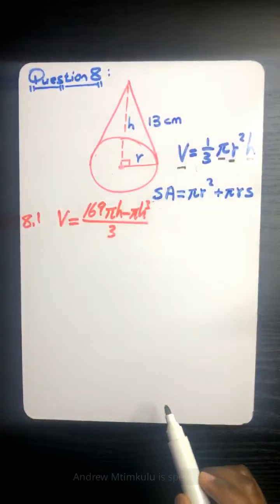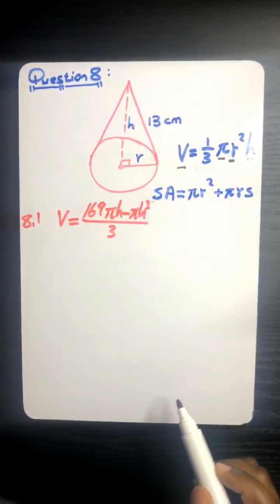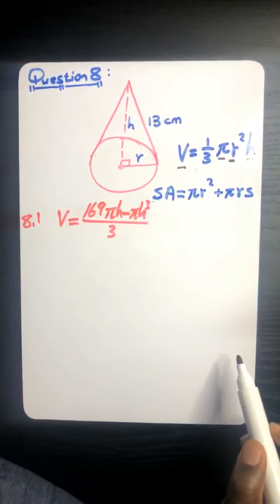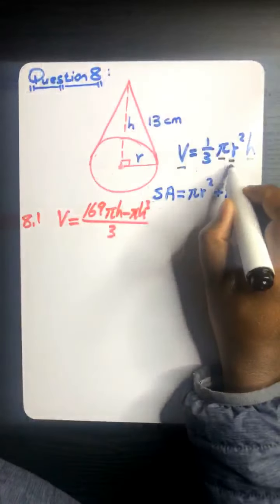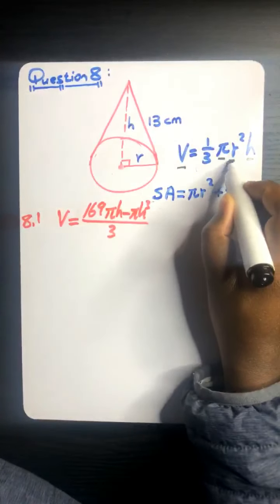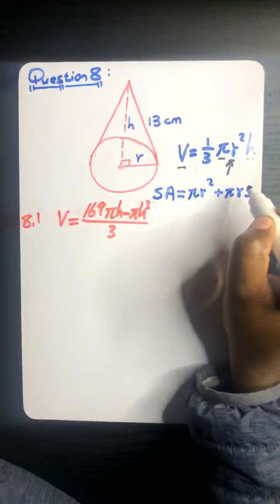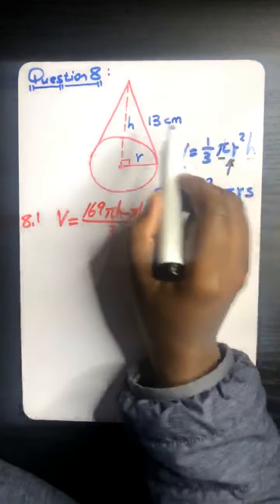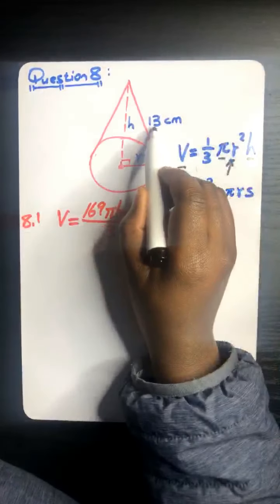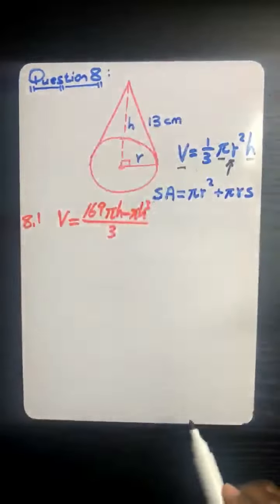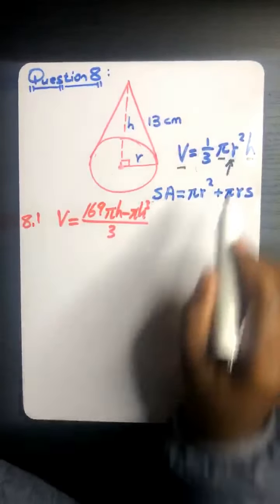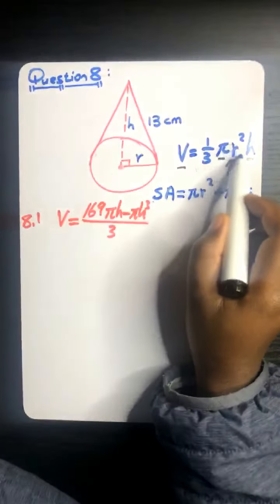Can you guys notice that letter? It's R. Yes, it's R. So it's more like now we might need to replace that R in terms of 13 centimeter, and again in terms of h. But what is R? Do you guys know what that R stands for?